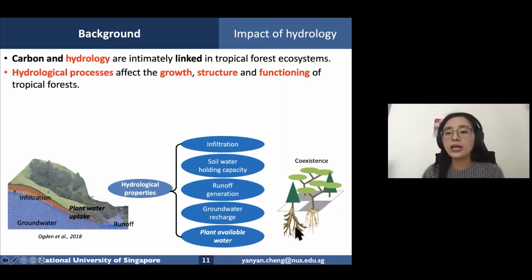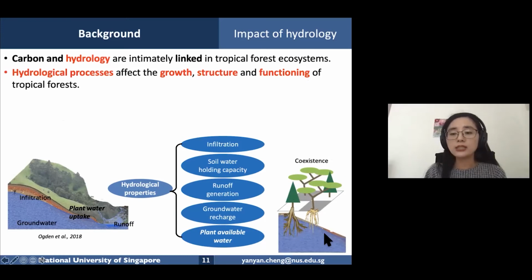And also, as I just mentioned earlier, the typical tree species, like the early successional plants and the late successional plants, coexist with each other, but they have very different rooting profiles. So they have different access to the soil water and the groundwater.